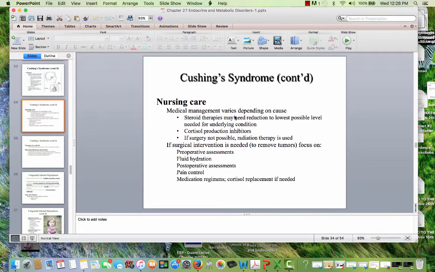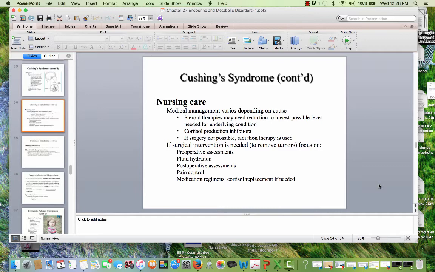So for nursing care, the medical management varies depending on the cause. Steroid therapies may need reduction to the lowest possible level needed for the underlying condition. And then cortisol production inhibitors; if surgery is not possible, radiation therapy is often used.